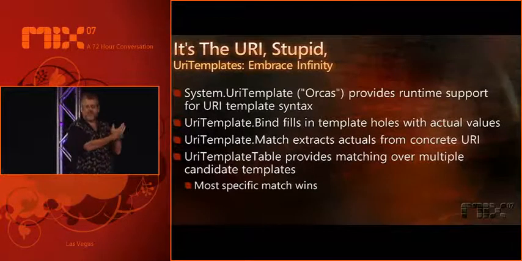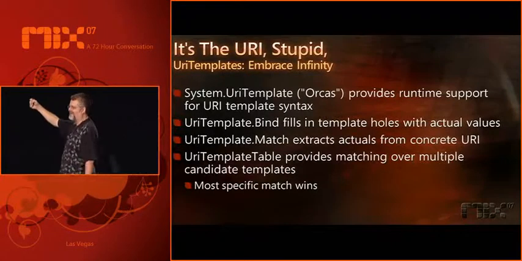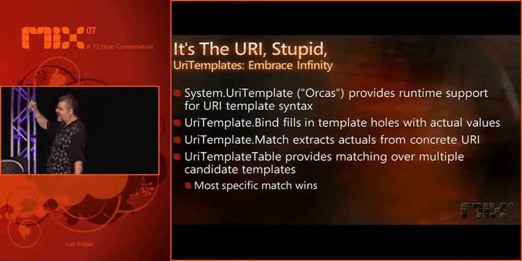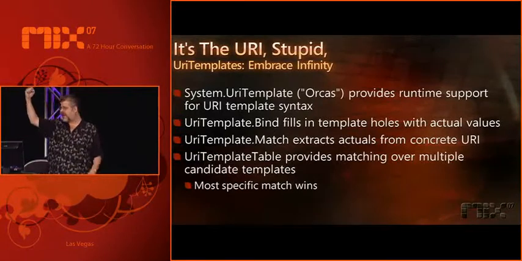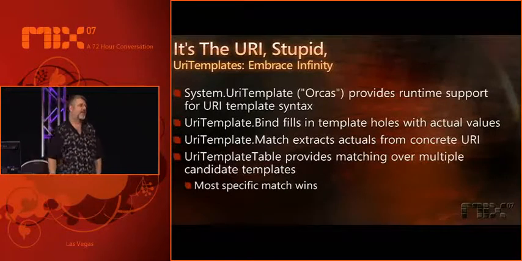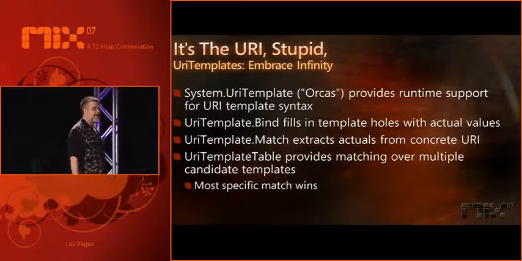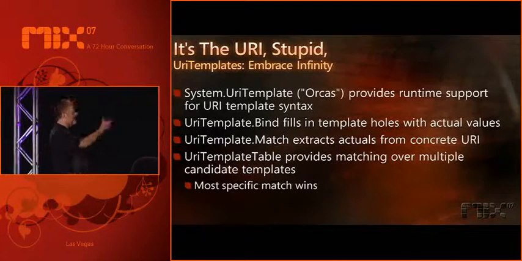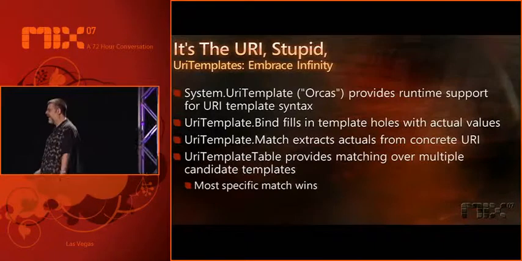When you call match, you get back effectively a Lambda environment, also called a name-value dictionary, which has the names of the template variables hoisted out to a dictionary that are bound to the actuals that we found in the URI. So there's an invertible relationship where I can call bind and then match, and I'll get back the same list of actuals. UriTemplate Bind and Match are the basic machinery for how we deal with infinite URIs.